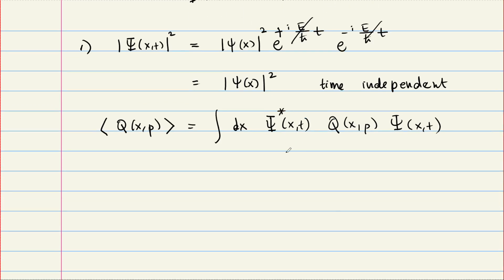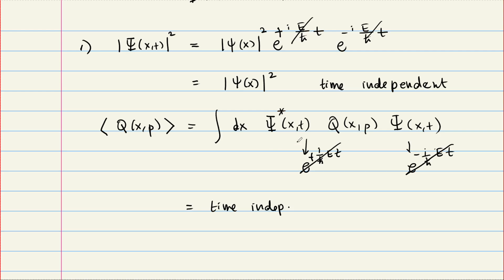Because of complex conjugation, there will be e to the minus i over h bar Et, but whenever I take the complex conjugate, this is going to be plus, and this one is going to have e to the minus i over h bar Et. Plus minus, they cancel each other. All the time dependence is cancelled, and at the end this is time independent.